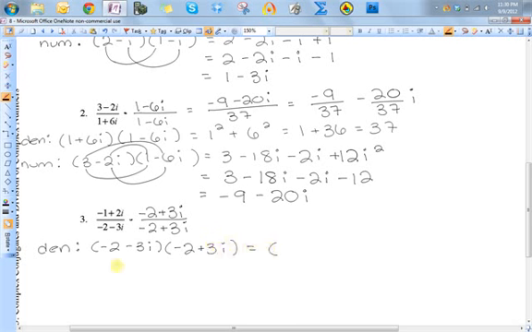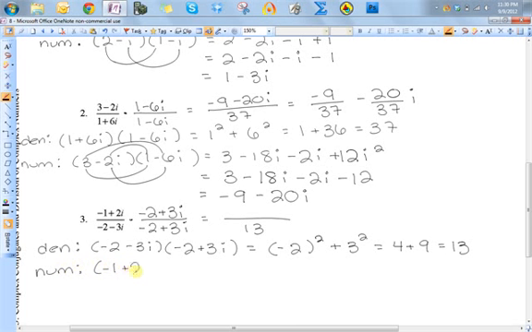So because we're multiplying complex conjugates, it's the real part squared plus the imaginary part squared. So that's 4 plus 9, or 13. So the denominator is going to be 13 here. Okay, and now I just need to do the numerator.